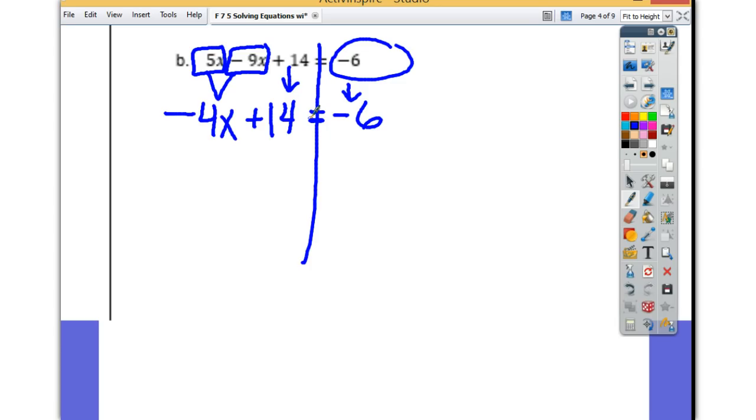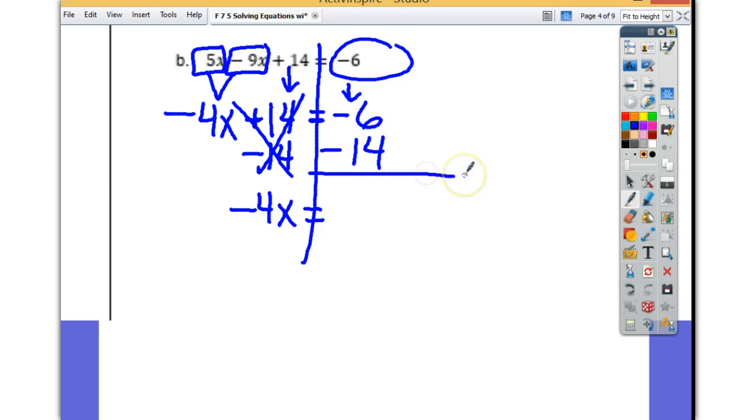Red rover, send over what? 14. And how do I do that? The inverse of a plus 14 is minus 14. Cancels out. I get negative 4x equals, what's a negative 6 and a negative 14? Fight or unite? Unite. So I add them together and get a negative 20.